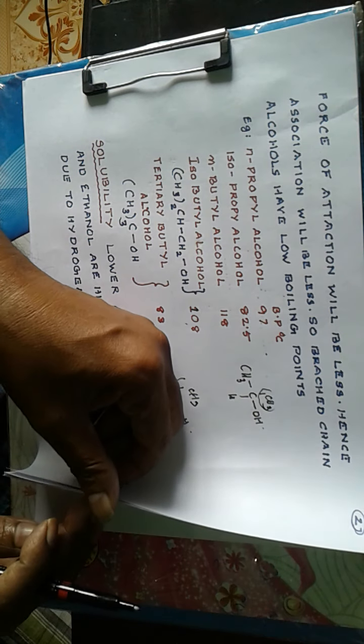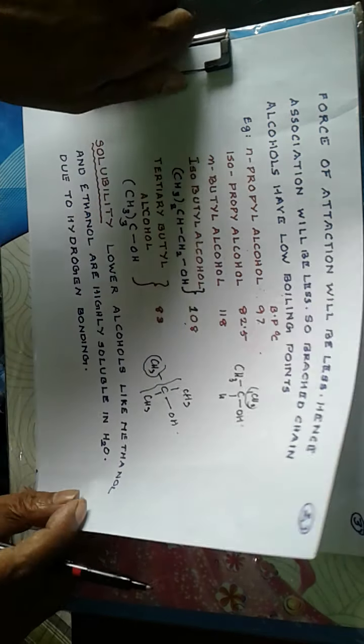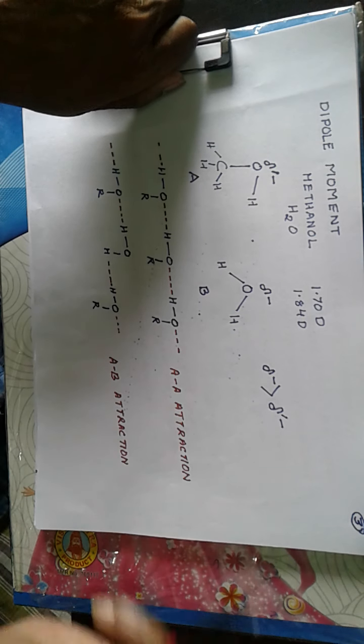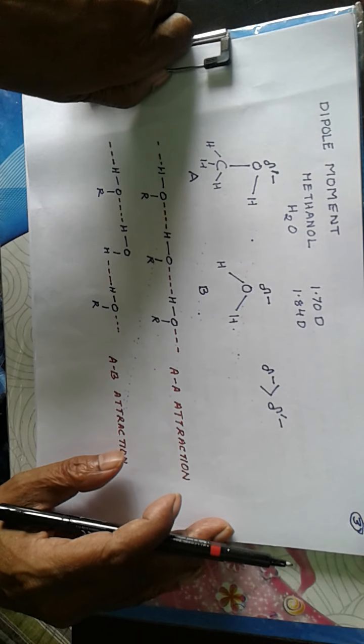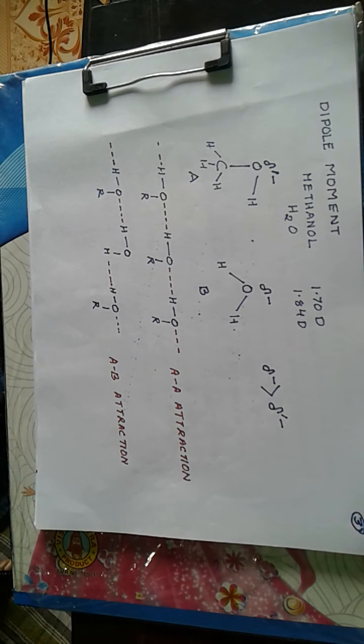alcohol, are soluble in water due to hydrogen bonding. Now the polarity, the dipole moment of water is 1.84, and that of methanol is 1.70, and that of ethanol is again nearly equal to that of methanol, that is 1.69 for ethanol, ethyl alcohol.